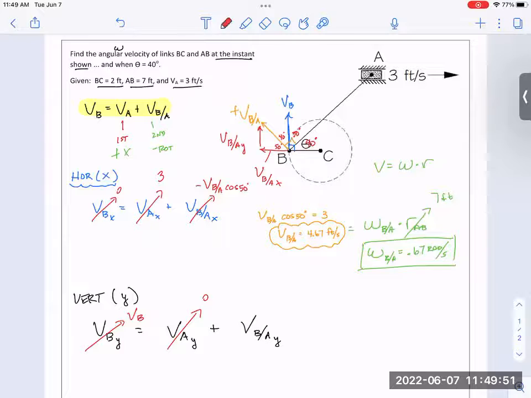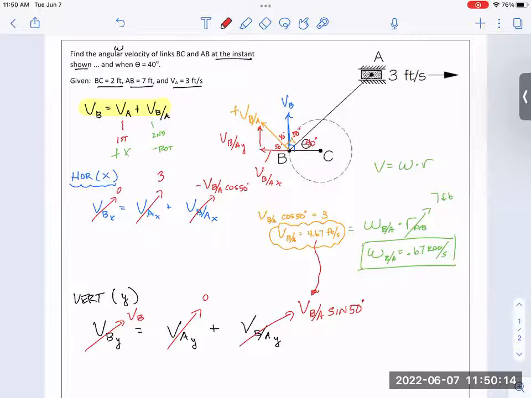Just like a second ago, we rewrote this as velocity of B over A, but what would the modification be this time? It'd be the sine of 50, wouldn't it? Which then allows me to take this 4.67 that we just found and throw it in there, and then I'm actually going to be able to know the velocity of B. Isn't that cool?